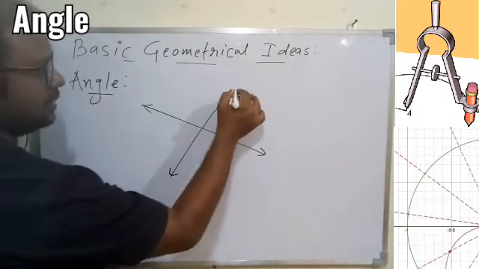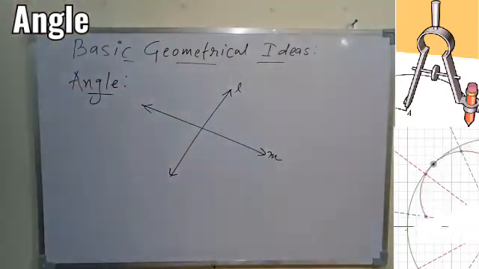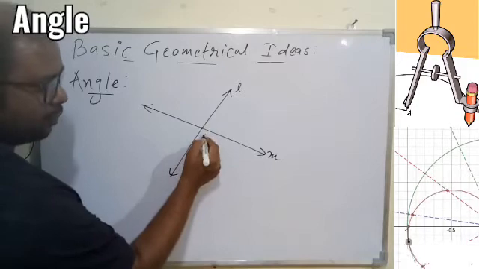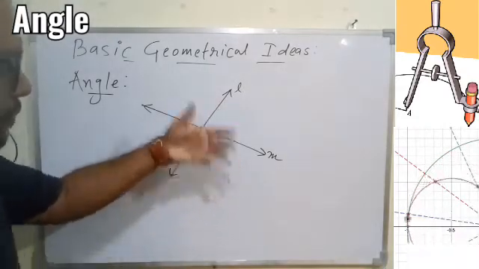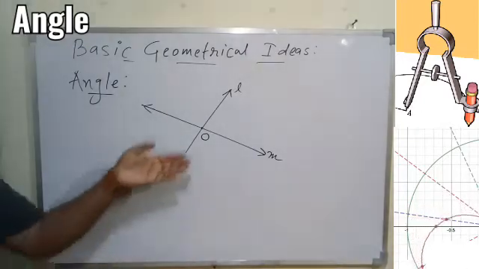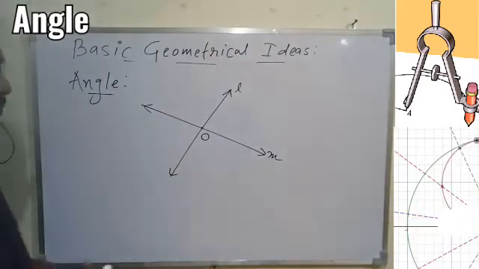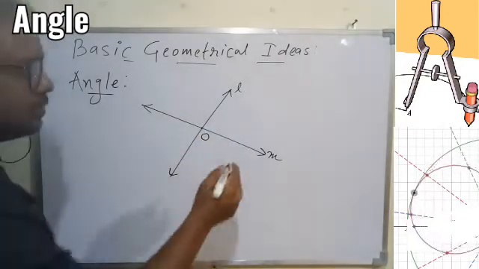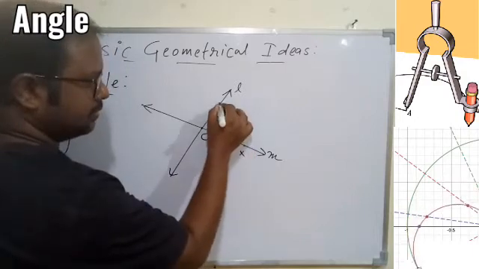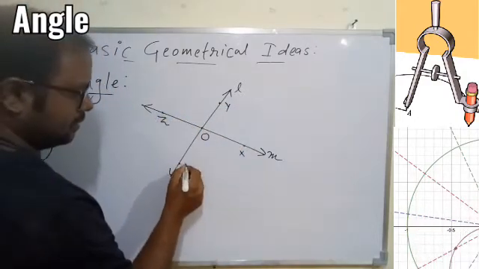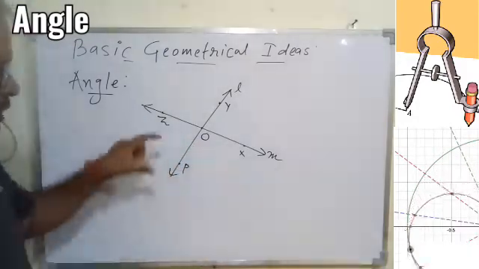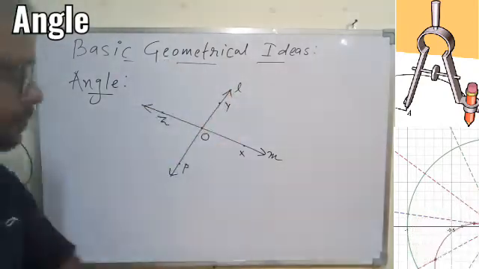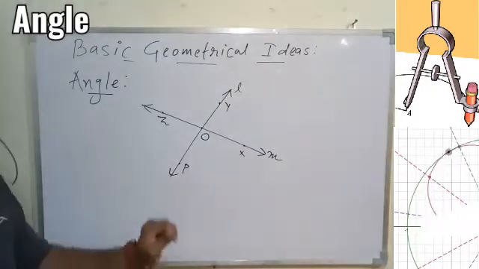Now let these two lines be L and M. The lines L and M are intersecting at point O. Let's give the names X, Y, Z, P. So XZ is one of the lines, which is also M, PY is another line, which is also L, and these two lines intersect at point O. So O is the common point.